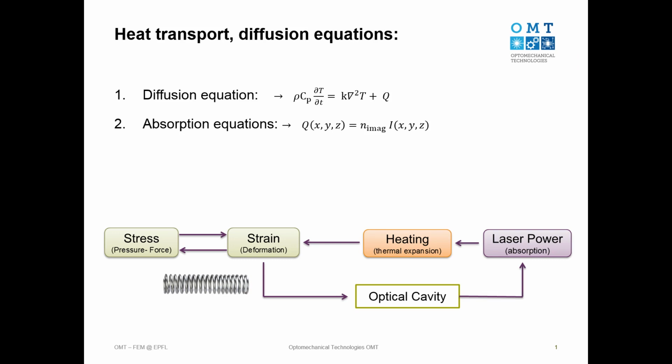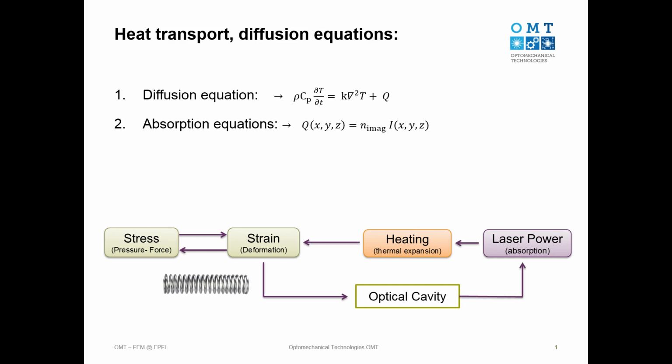For example, you have an optical cavity and you pump it with laser power. That heats it and induces a strain. Because of the strain, it changes the dimensions, so it changes the resonance condition. Whether you are blue shifted or red shifted depends on the sign of this force, and you have different optical powers.